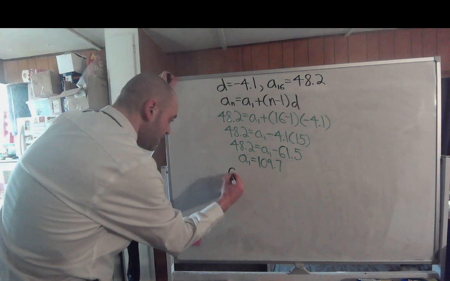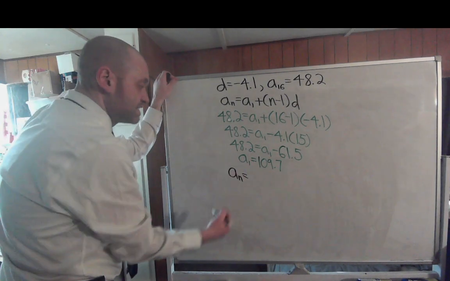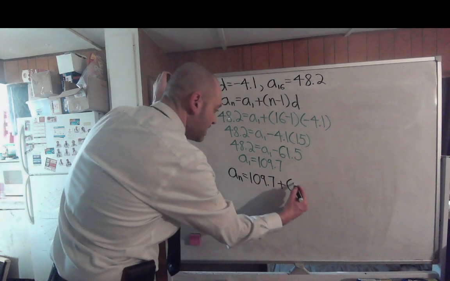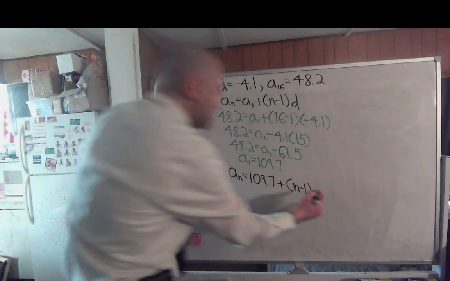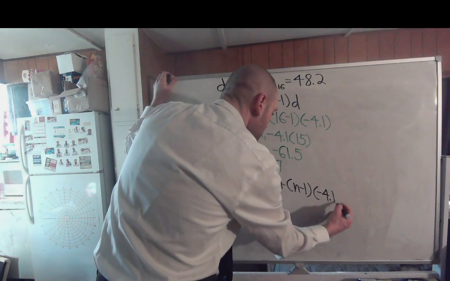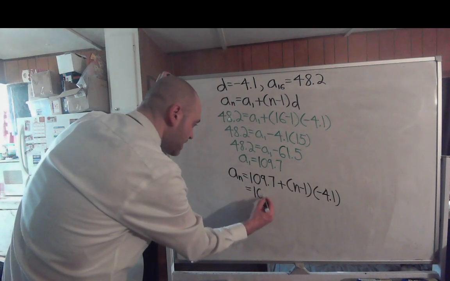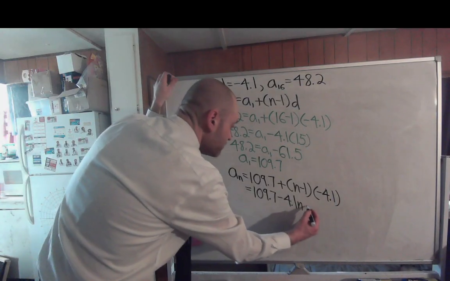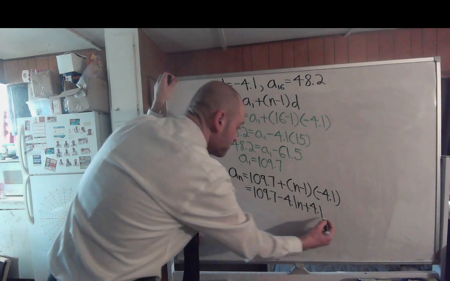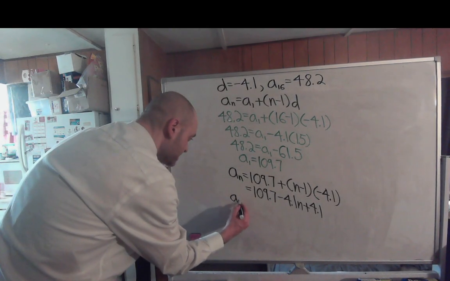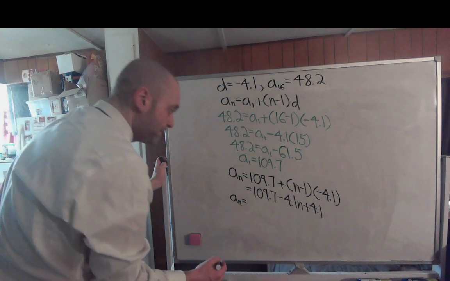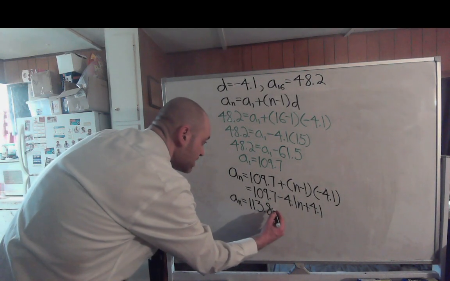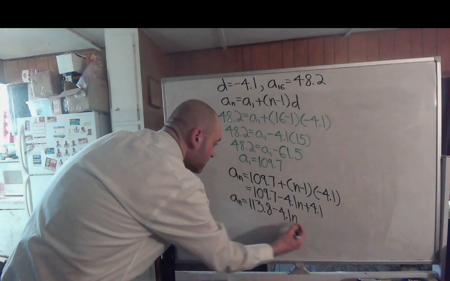So a sub n equals your a sub 1, which is 109.7, plus the quantity of n minus 1 times your d of negative 4.1, which would simplify into 109.7 minus 4.1n plus 4.1, which means your a sub n would end up equaling 113.8 minus 4.1n.